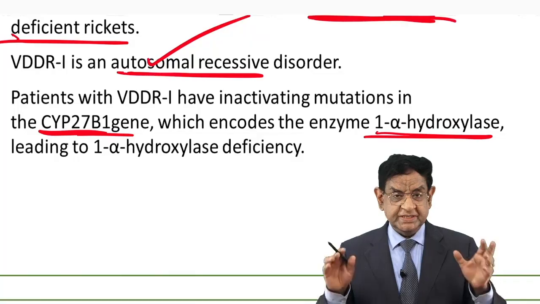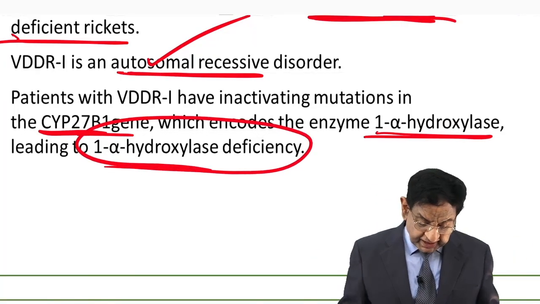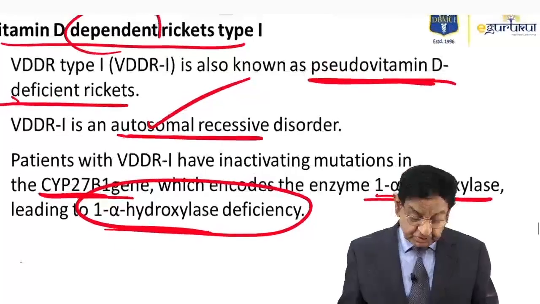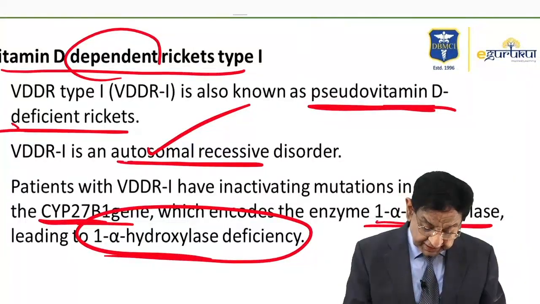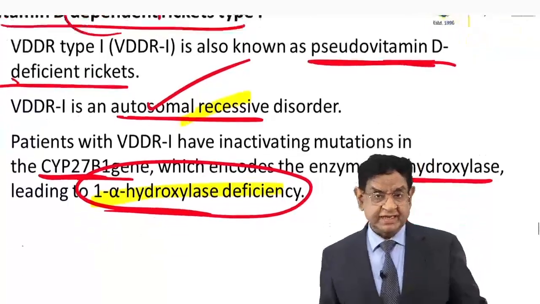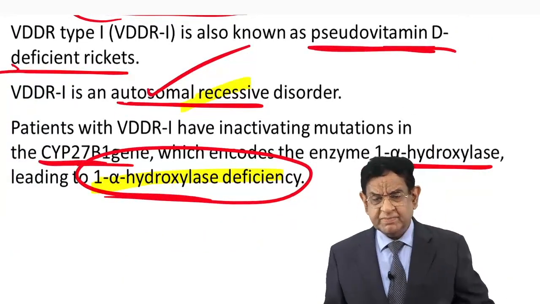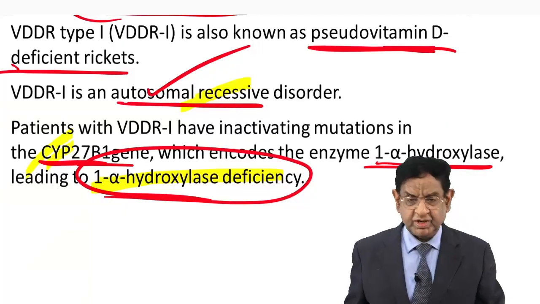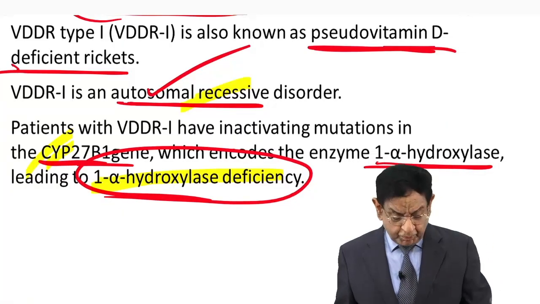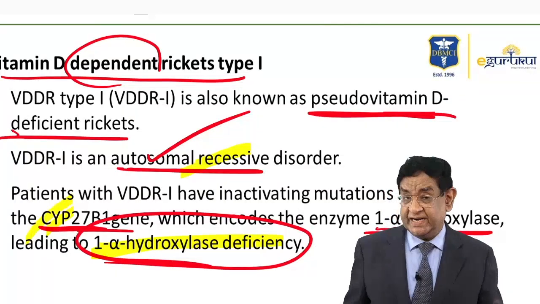So when this gene is mutated, there will be deficient 1-alpha hydroxylase. You just have to remember two things: recessive and 1-alpha hydroxylase deficiency. Only two. No need to remember the gene. Nobody is going to ask you. So the point is, the problem is in 1-alpha hydroxylase.